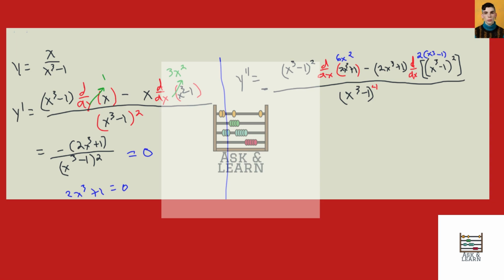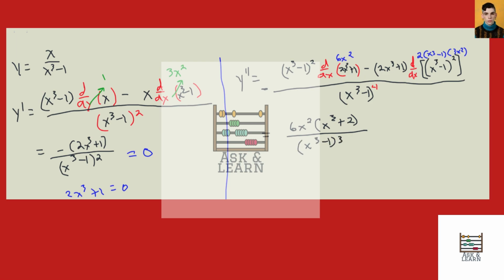So 2 times x cubed minus 1. And then the derivative of the inside function, x cubed minus 1, is going to be 3x squared. All right. Now, if you were to go through and do all this algebra, this should simplify down to 6x squared times x cubed plus 2 all over x cubed minus 1 cubed.